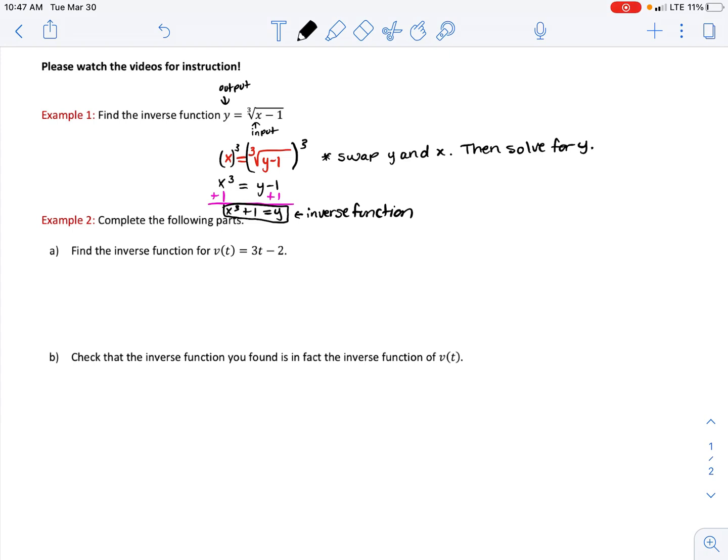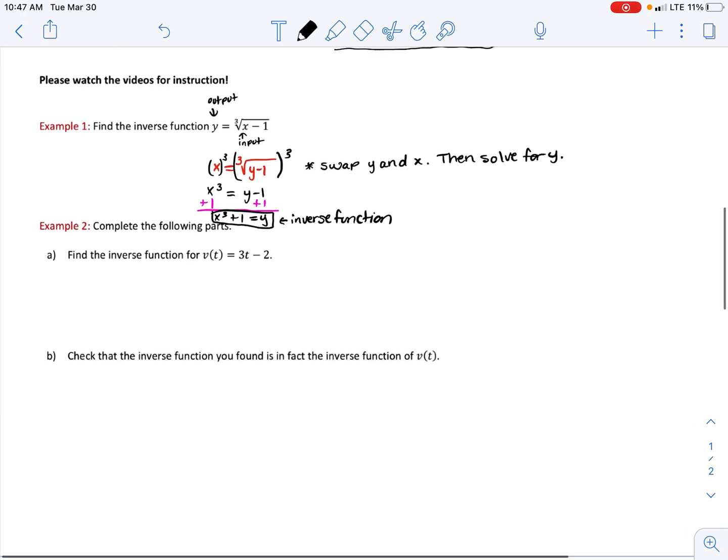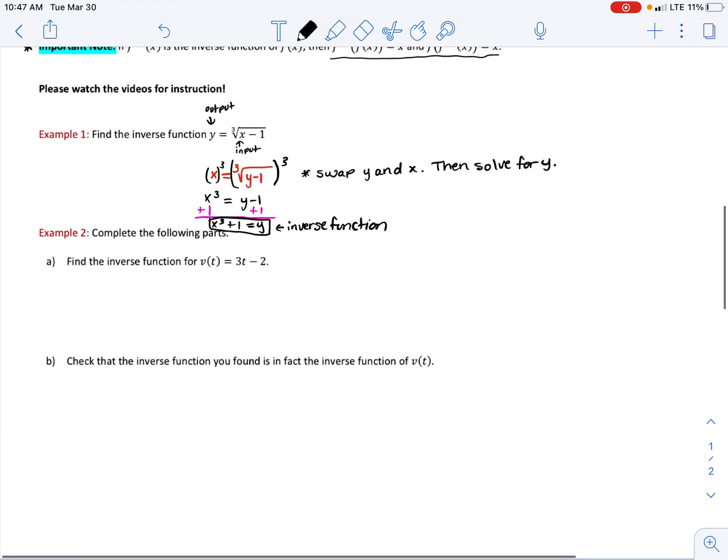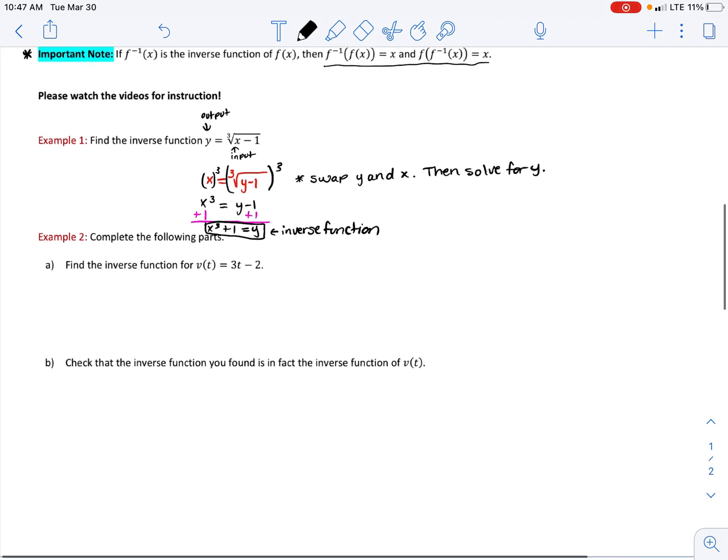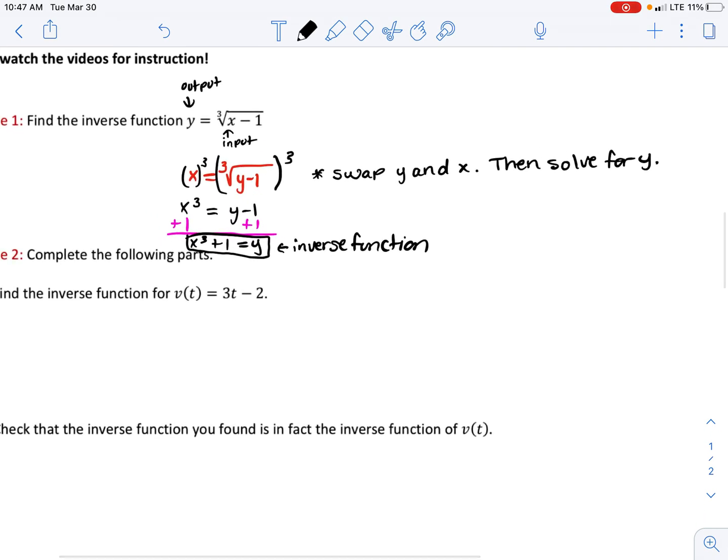The same process happens where I switch the input and output, I swap them. In this case, my input is t and my output is v of t, so I'm going to switch those, so I get t is equal to 3 times v of t minus 2. And that's what I did here, I just switched these.